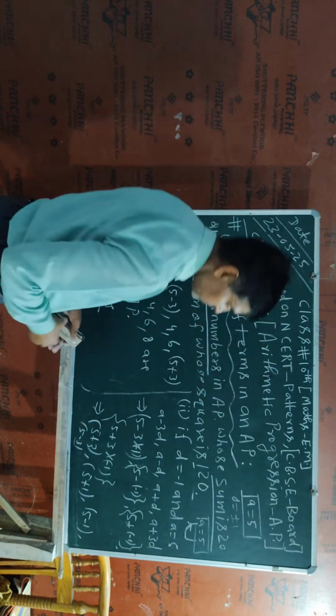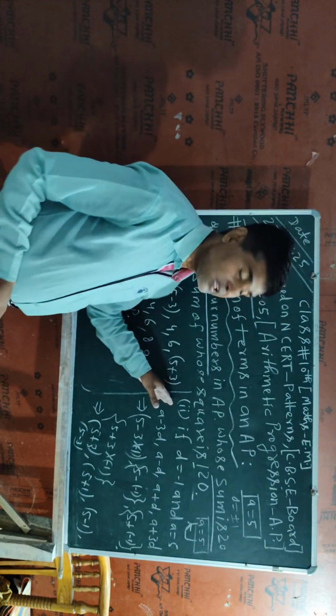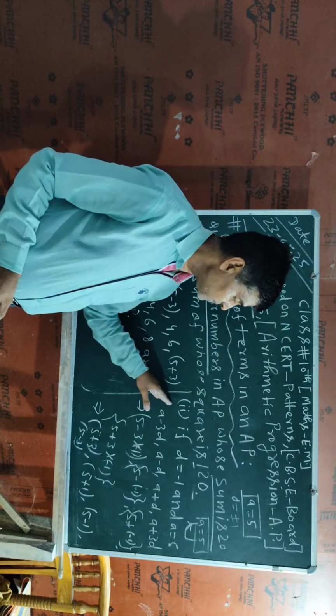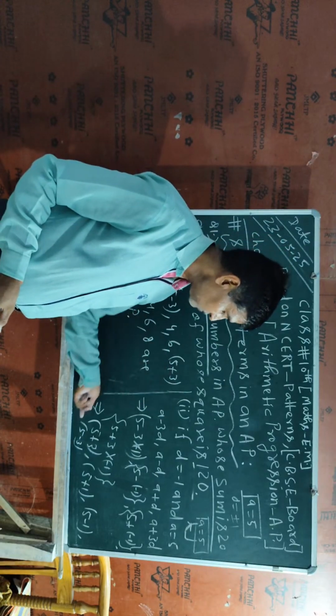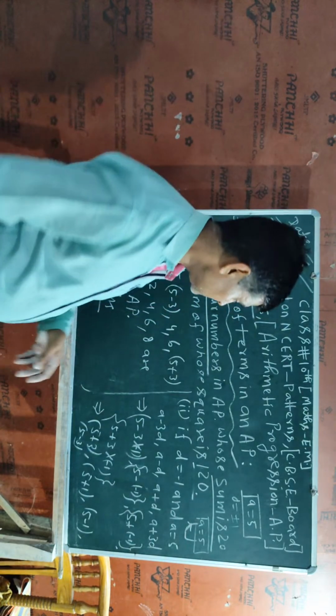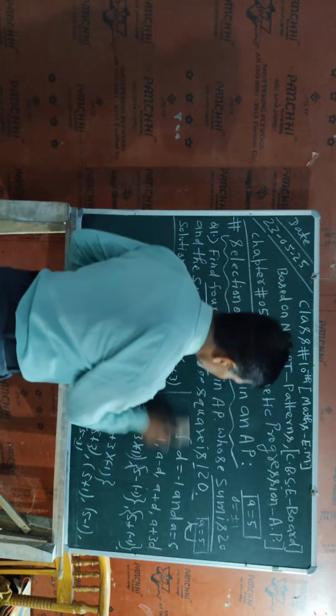Okay student, now the above data I am going to erase. After erasing I will simplify it, and after simplification I will write its answer. Okay student, now further I am going to erase the above information.